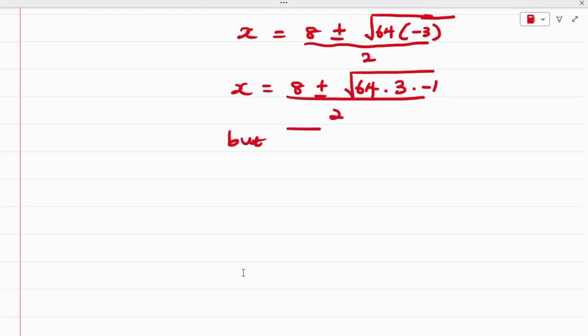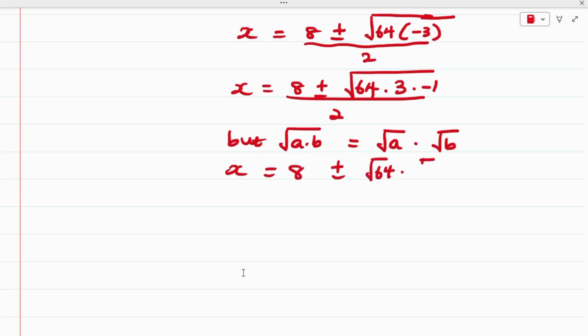But we know that if we have the root of a multiply b, this can be expressed as the root of a multiply the root of b. So we have that x is equal to 8 plus minus the square root of 64 multiply the square root of 3 multiply the square root of negative 1 divide what? 2.